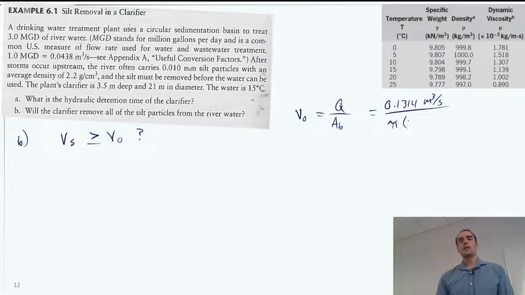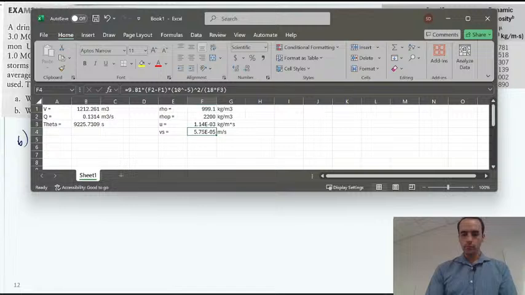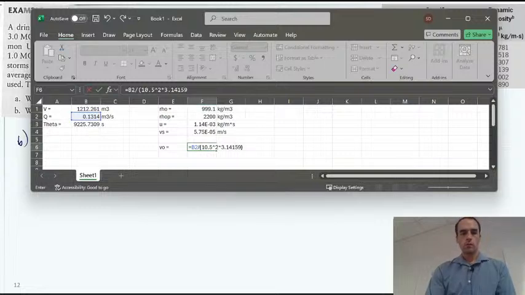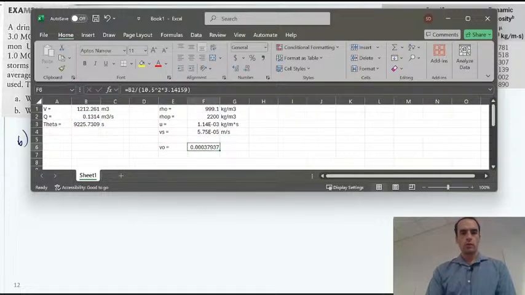So pi times half of the diameter squared. So we can find that value. So V0, we'll say that's going to be Q divided by 10.5 squared times pi. Okay.